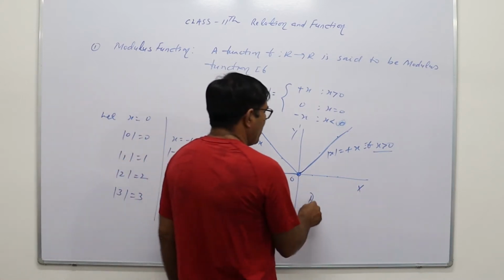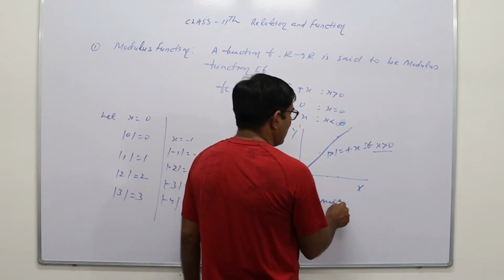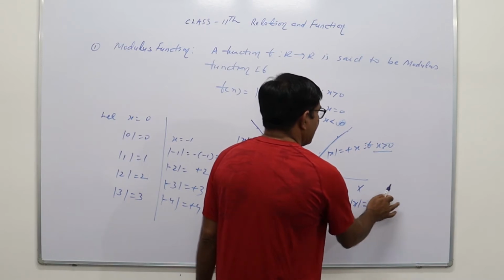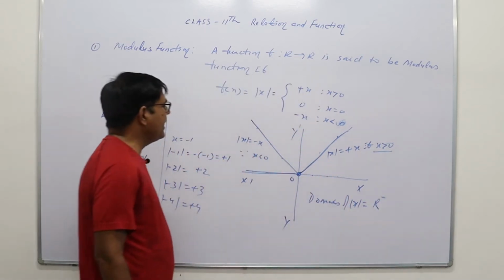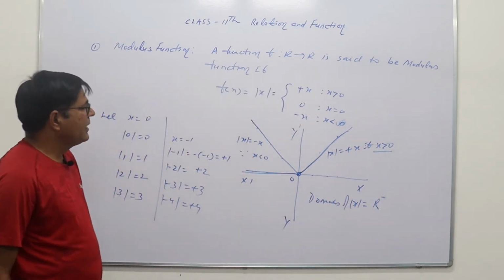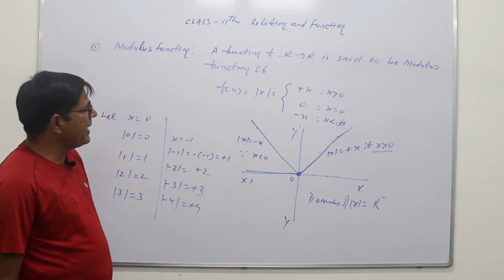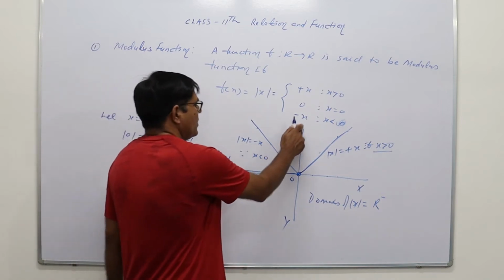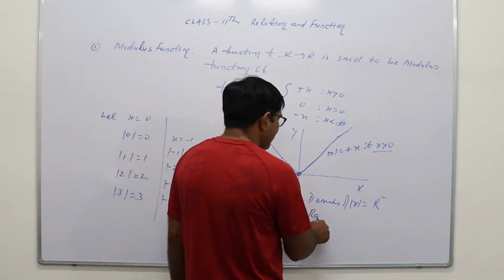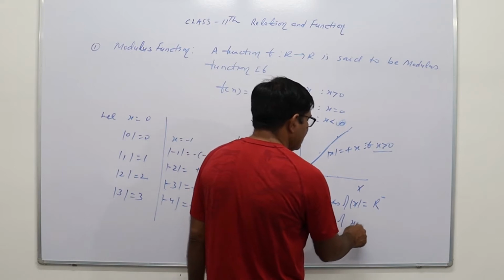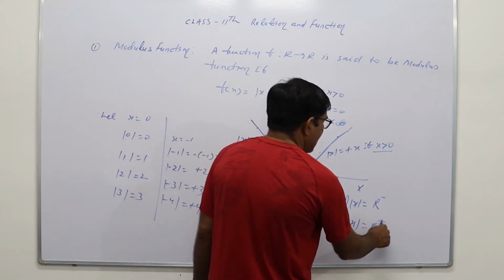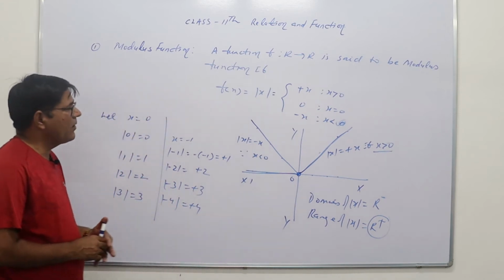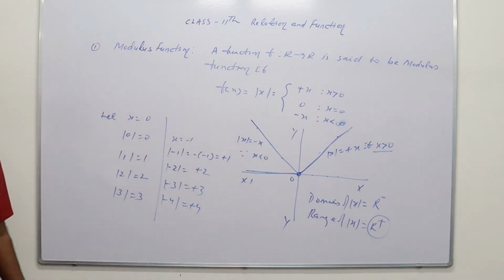Therefore, the domain of mod of x is the set of real numbers, and for the range, the values of y are attained only on the positive y-axis. So the range of the modulus function is R positive, that is, the non-negative real numbers. So this was about the modulus function.